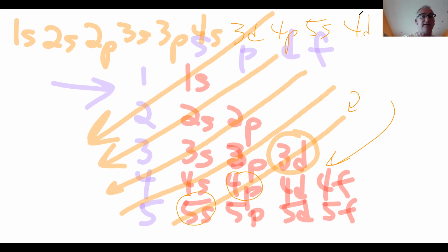So how many in 1s? How many electrons can I put in 1s? Nicholas, yes. I have a question, not the answer. Okay. And I just looked at the periodic table, figuring this out. Does the period correlate with the subshell or the shells?